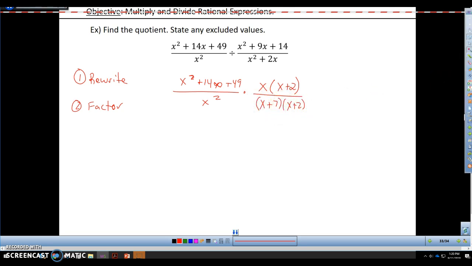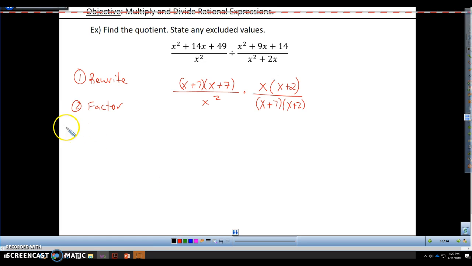If you do decide to take this route where you just factor right away, please make sure that you are careful in how you factor and what you actually do. You can make errors if you don't chunk this into your own steps. So we have x plus 7 over x squared times x plus 2 times x plus 7 times x plus 2.